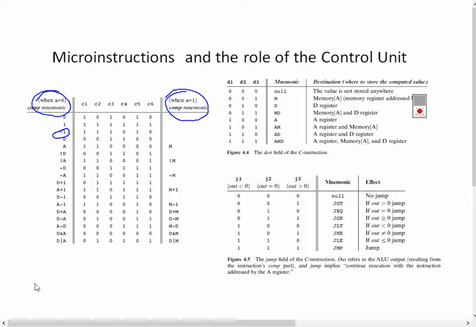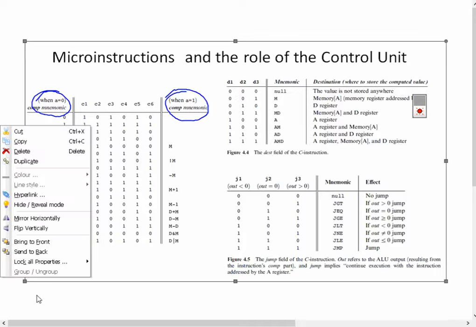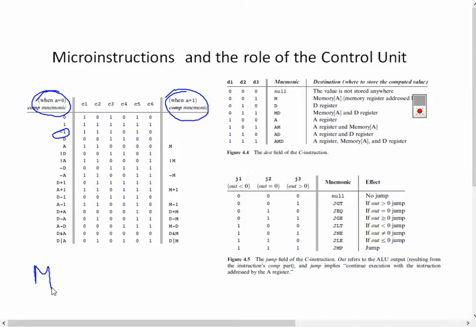Now, when we look at the assembler, what you're going to find is that most of the instructions are going to take the form of something like this. It's going to have something that might say M = A + 1. Now, let me tell you where the A + 1 is coming from.